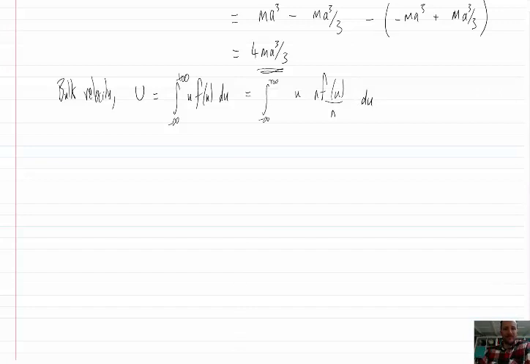Now the number density is just a constant value, so we can bring 1 over n outside. We'll substitute in the form of nf into this equation, and we know that it only goes from minus a to plus a.